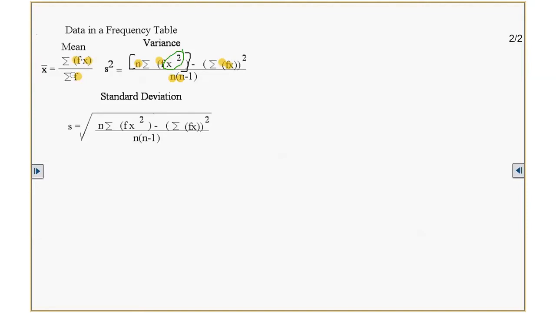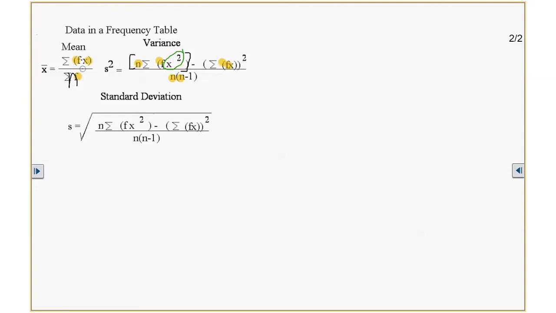Well, what is another way of writing the summation of f? N. So you could write the summation of f times x over n, or you can write the summation of f times x over the summation of f. I prefer n because this confuses people, so just put an n right there.